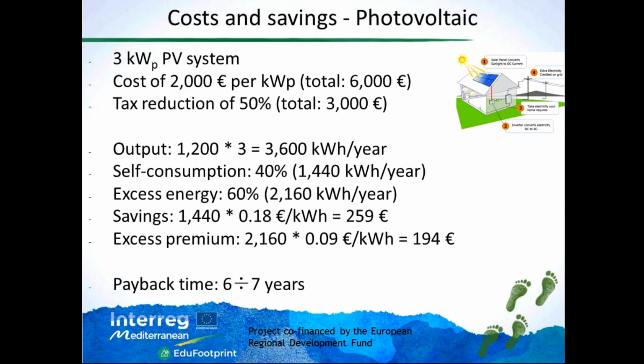So let's take a 3 kilowatt photovoltaic system, again, thinking about a single residential unit. The cost could be 2,000 euros per kilowatt. Some years ago, it was about 5 times more, so 10,000 euros per kilowatt. So there has been a very strong decrease in the price, which is very nice news.